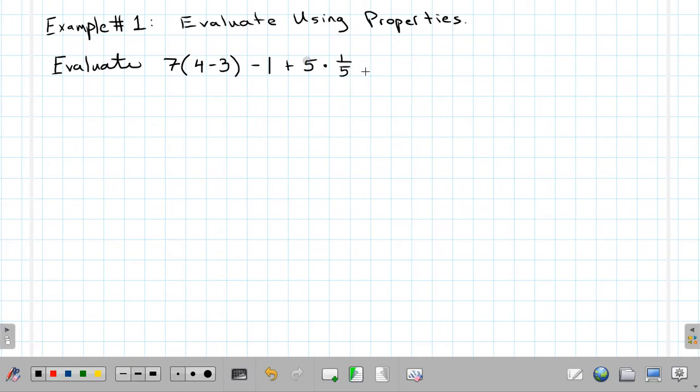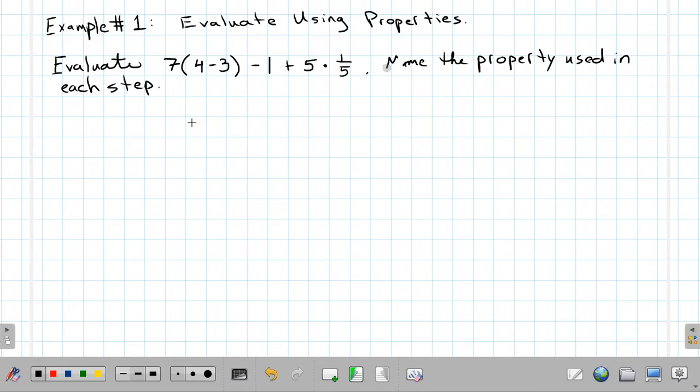So we have to evaluate that, which is something like we did in the last section. But the new thing they're asking us to do is to name the property used in each step.